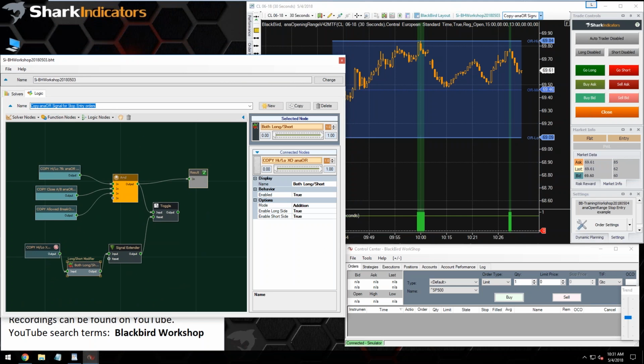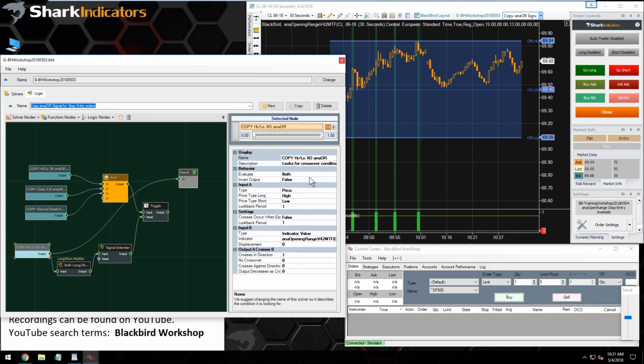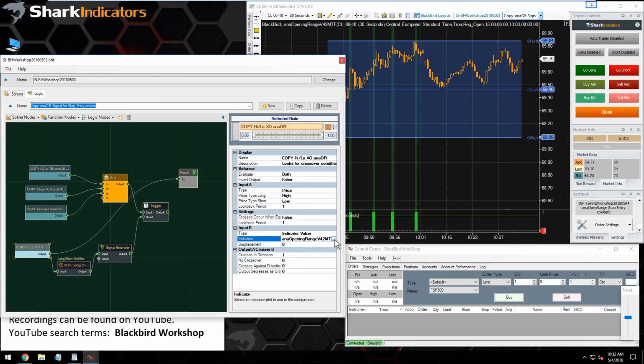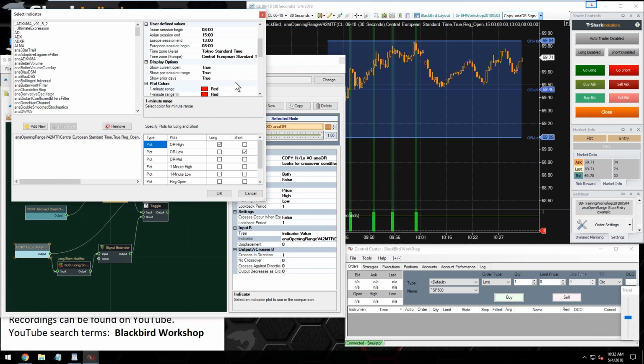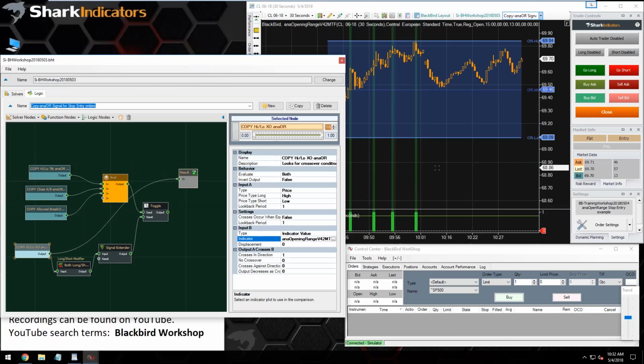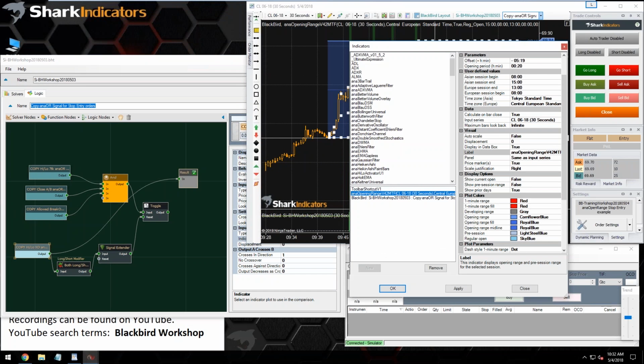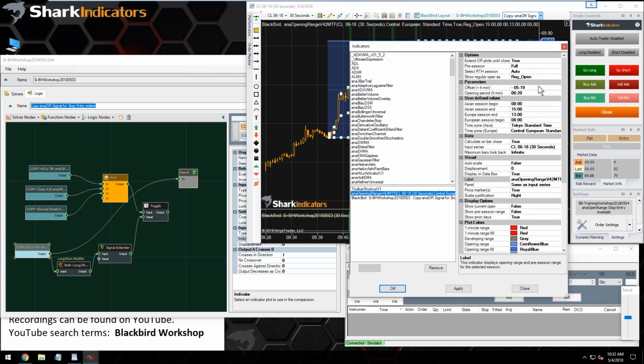It must be this. All right. Hopefully it was just a simple indicator setting change. 519. Actually, I think that's correct. Negative 519, 20.